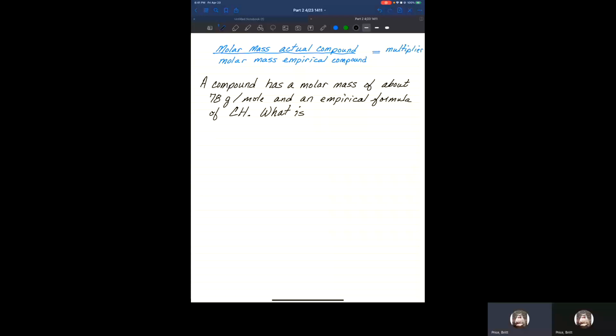What is the chemical formula of the compound?